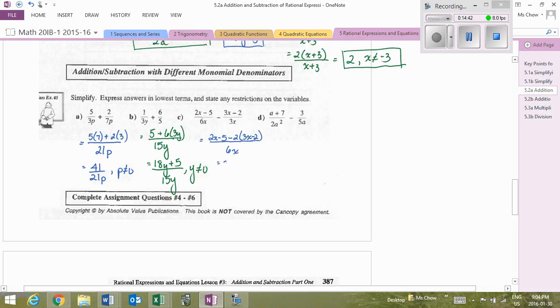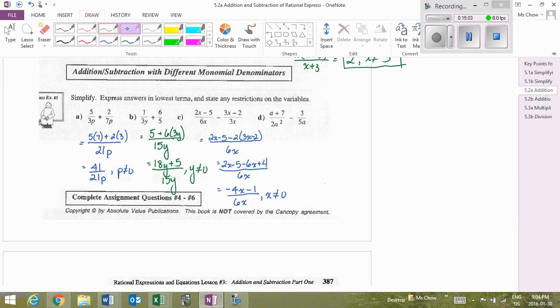So then we've got 2x minus 5 minus 6x plus 4 all over 6x, and that gives us negative 4x minus 1 all over 6x, provided that x does not equal 0.